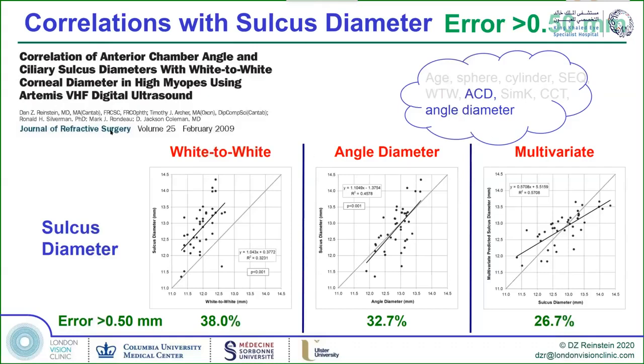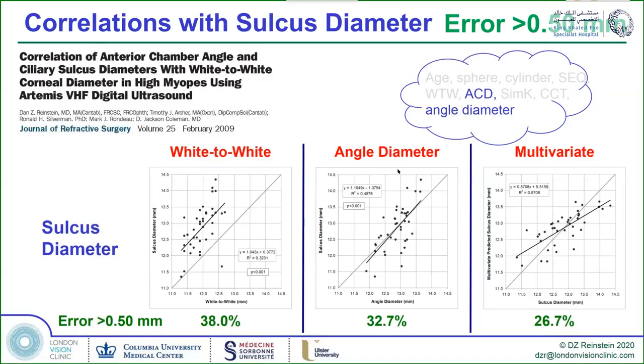And what we found in our published study, which was back in 2009, God, it's over 10 years ago, is that your chances of having an error of more than 0.5 millimeter is 38% if you're just using the white to white. Now, at that time, there were a lot of people using the Visante, which was the first anterior segment OCT device.